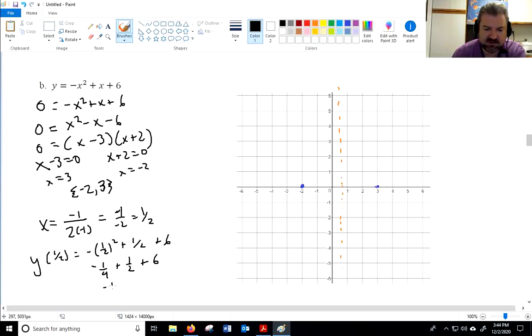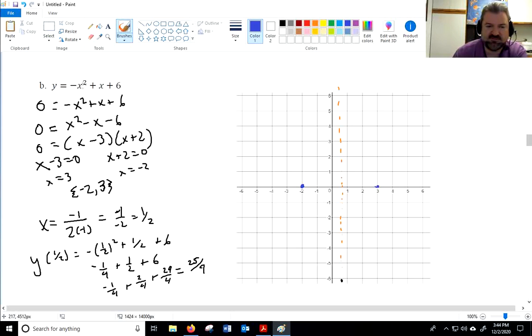We can get common denominators for each one of those. Multiply by 2 over 2, and multiply by 4 over 4. So you can see that that's just 25 over 4, which is 6 1/4. So right about there. Just perfectly had enough room, right?